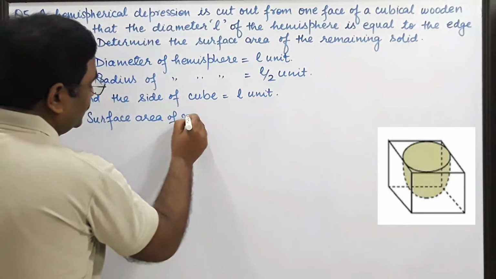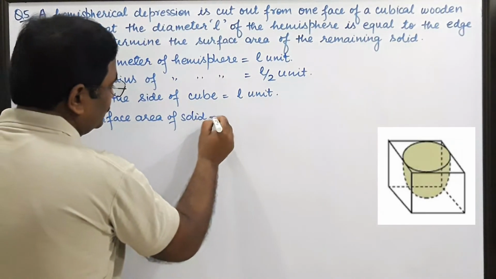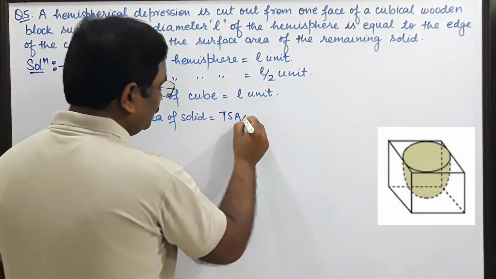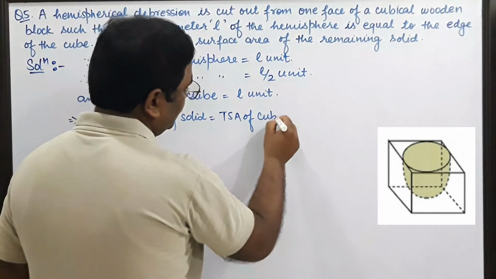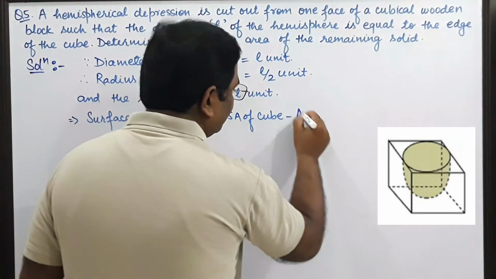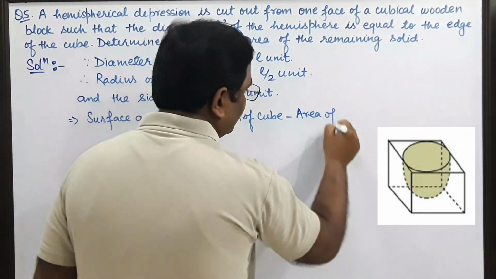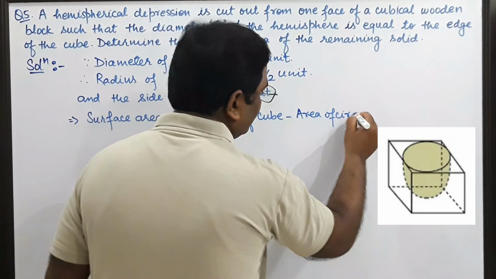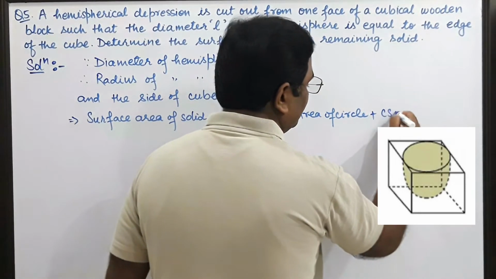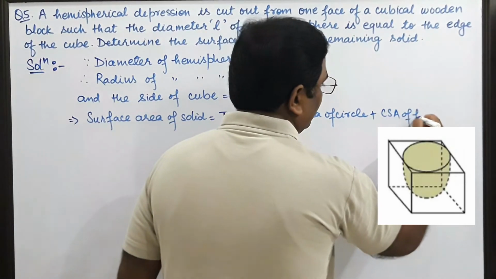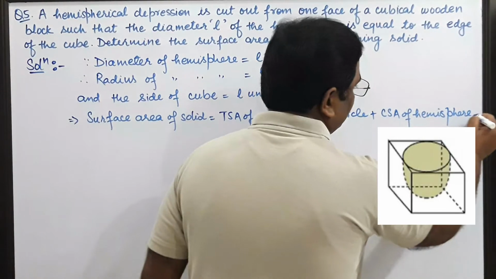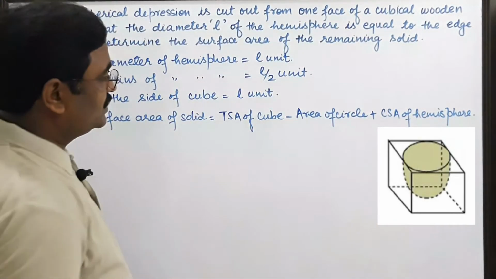So the surface area of the solid obtained is equal to the total surface area of the cube, TSA of cube, minus area of circle, and plus curved surface area of hemisphere. Okay, so let us find it.